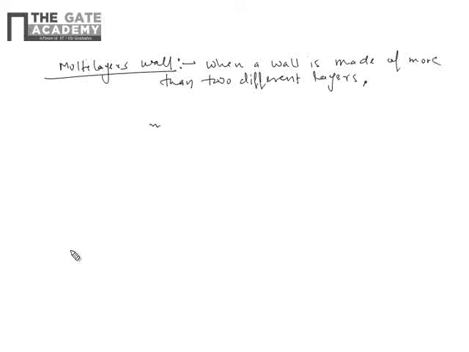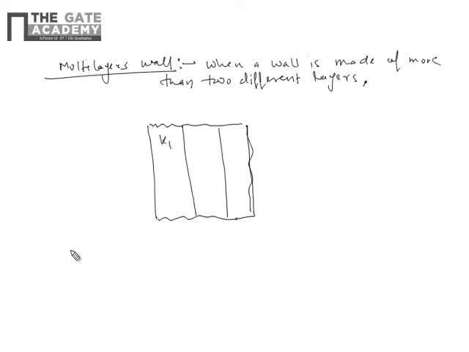Let us say a wall is made of three layers. Those thermal conductivities are K1, K2 and K3 respectively. Length, that means thickness, is L1, L2, L3 and surface areas are the same.